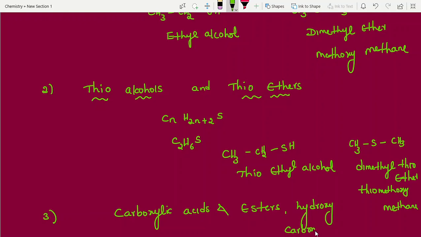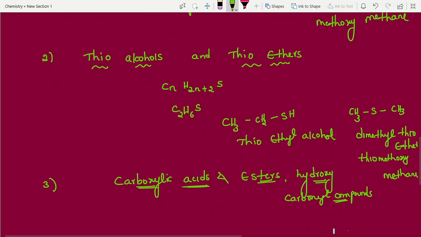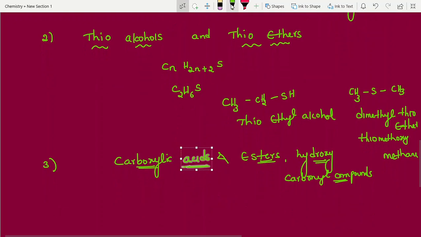What is the general molecular formula? Acids have two oxygens. In the aldehyde case, a single oxygen. But what about carboxylic acid, students? In the carboxylic acid case, we have two oxygens. I am writing the general molecular formula here.